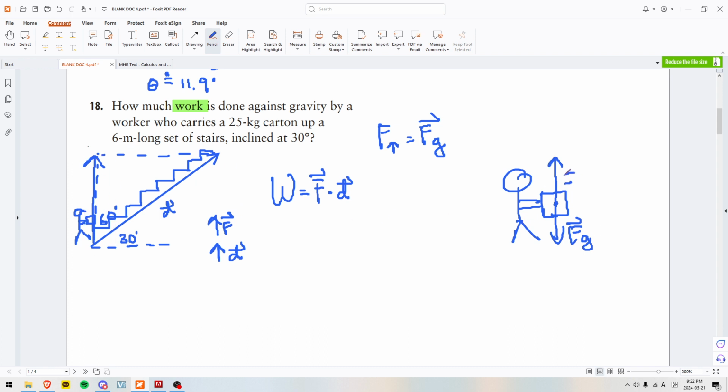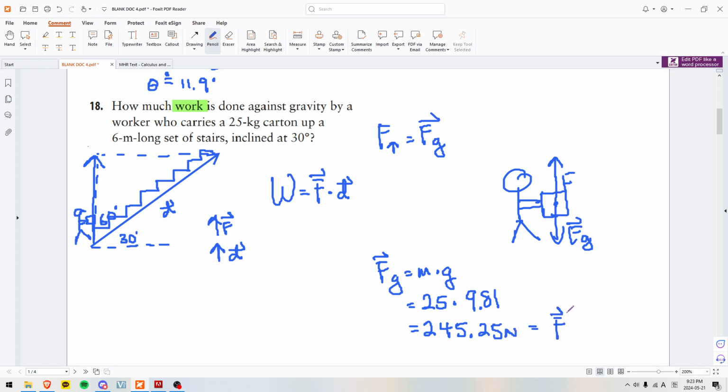So let's see if I can calculate this. Here we go. Fg is mass times the acceleration of gravity, which is 25 kilograms, and I believe a lot of people who have been doing physics have been using 9.81. 9.8 is okay with me, but in any case, let's be a little bit more accurate, I suppose. 245.25 newtons. That is equal to my force in the upward direction.